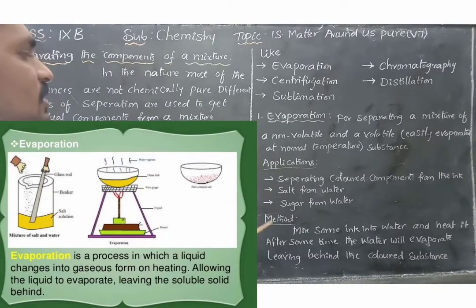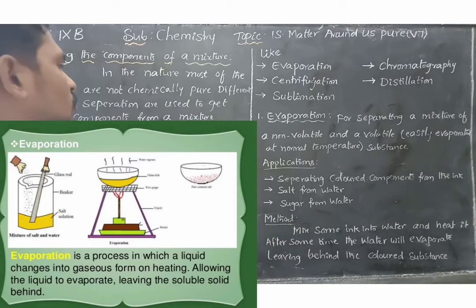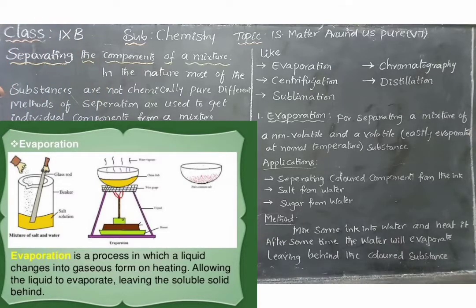We want to separate the salt from the water in the solution using the same technique, and likewise sugar from water also. What is the method? The evaporation technique: mix some ink into water, mixing the water and ink particles. It forms something like a solution, and heat is applied to the entire solution.